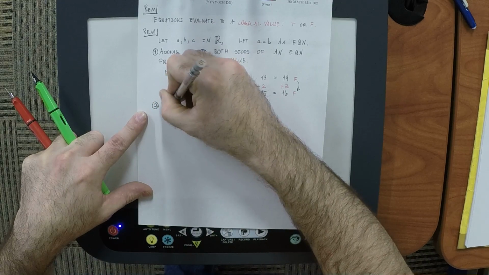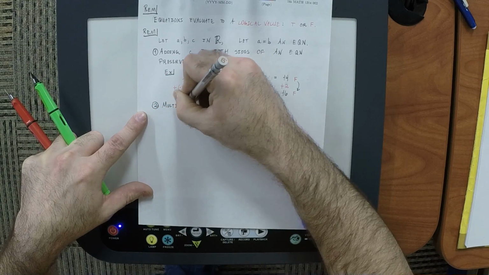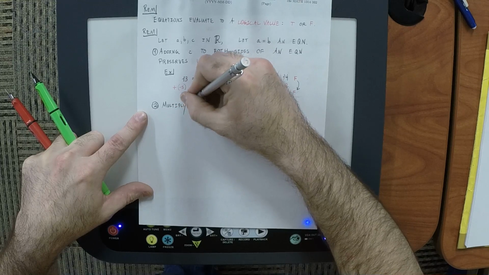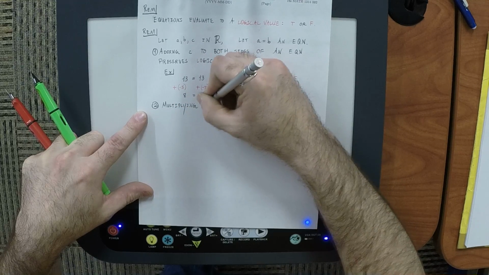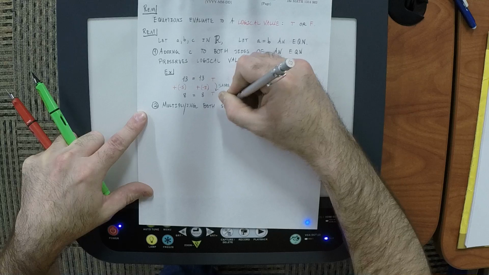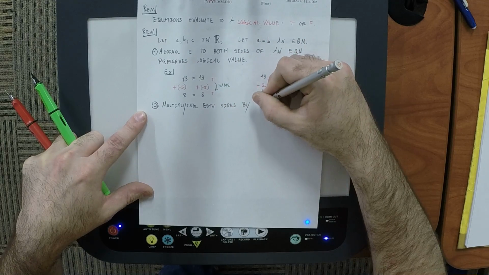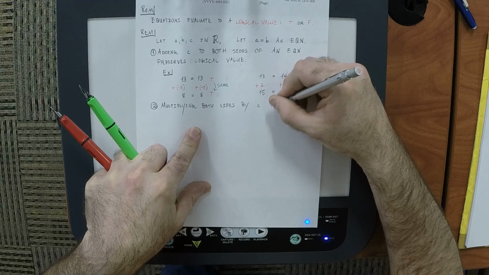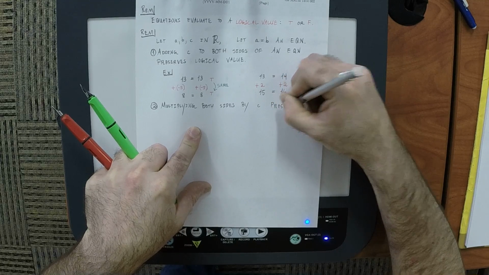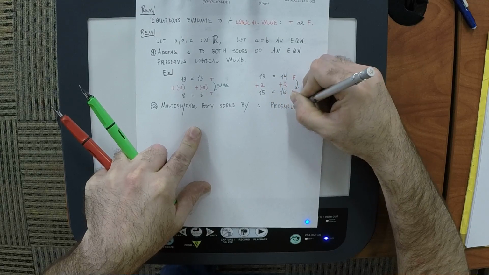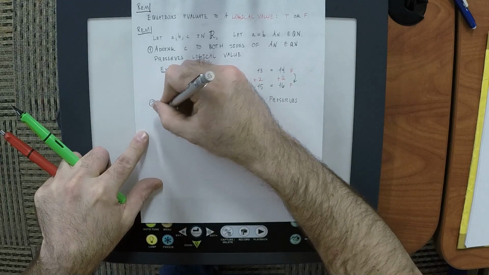Great. So that's probably not surprising, honestly. So multiplying both sides by C preserves the logical value.